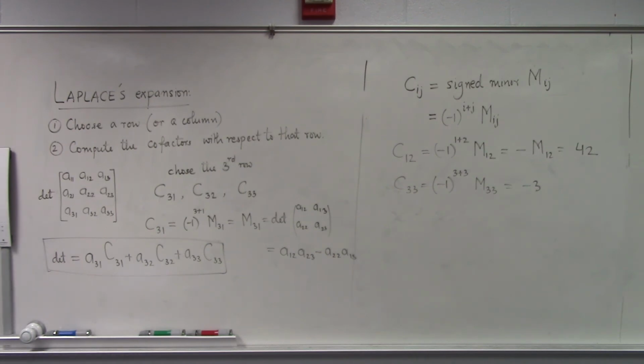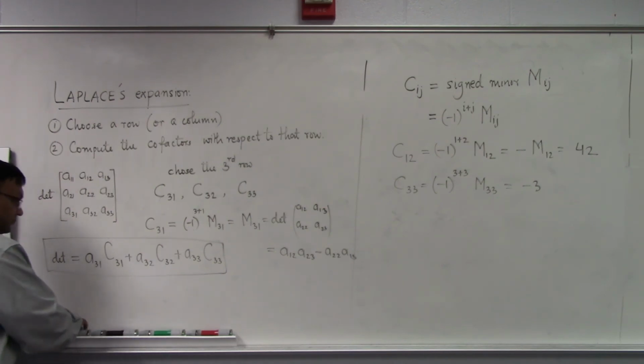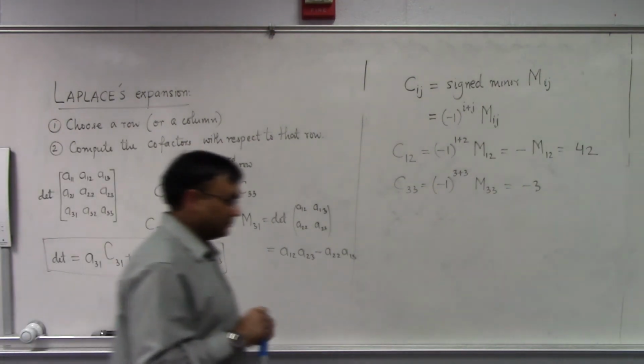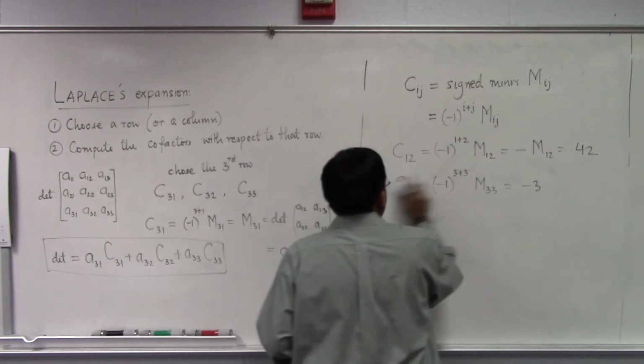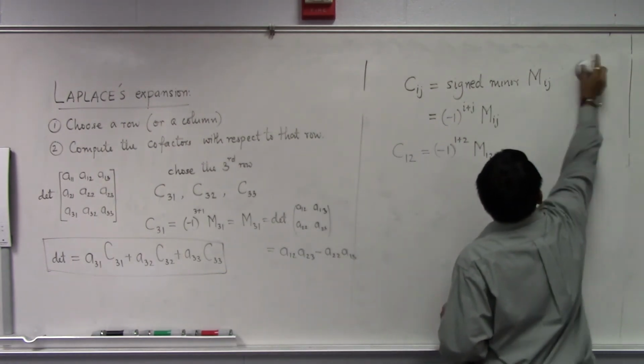Once you have made that choice, you stick to that and find all the relevant cofactors, and if you combine them this way, you will get your determinant. The proof of Laplace's expansion cannot be given very elegantly here. An elegant proof requires something which we don't have at this stage, at least not in this course, so I won't try to prove it here.